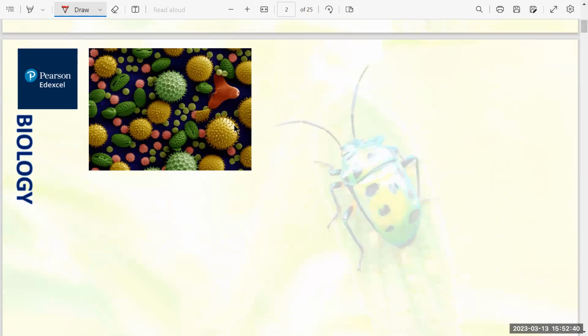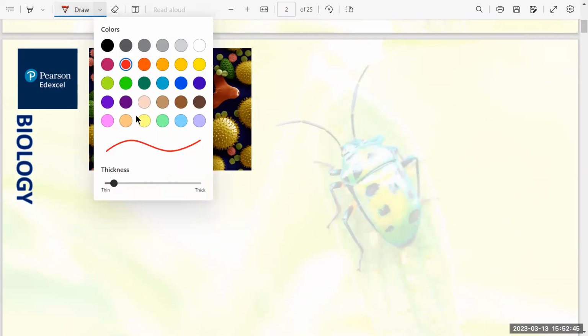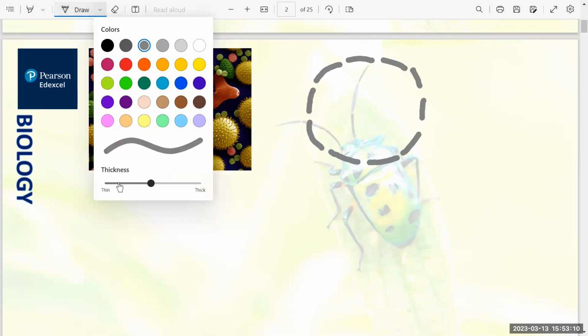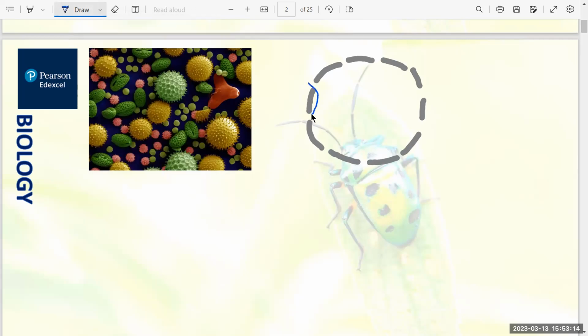So the typical pollen grains, they have a wall like this, right? And then there is an inner wall.